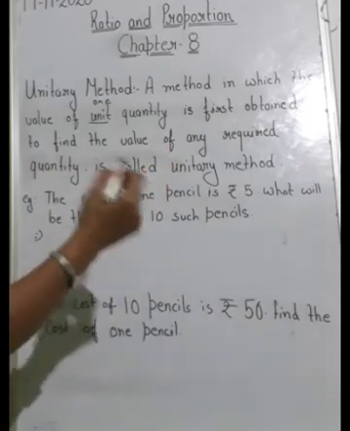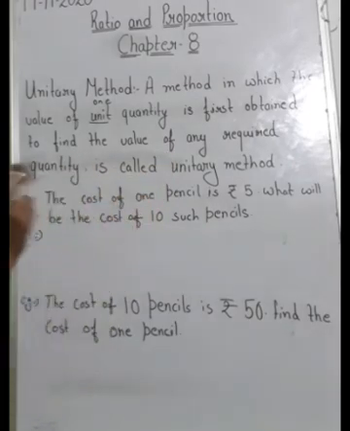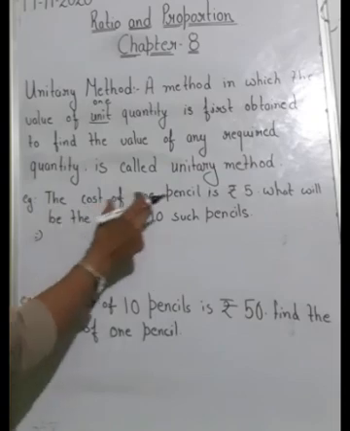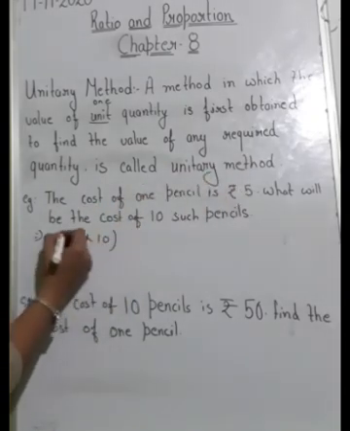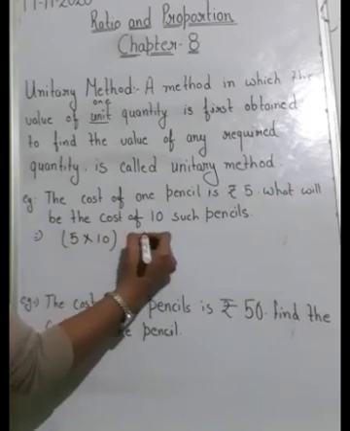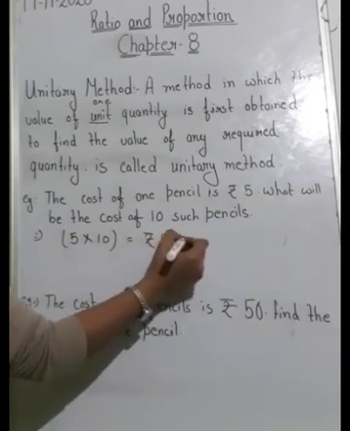And when you have to increase a number, at that time you have to do multiplication. So if the cost of one pencil is 5, then the cost of 10 pencils will be 5 into 10, and 5 tens are 50. It means the cost of 10 pencils will be 50.